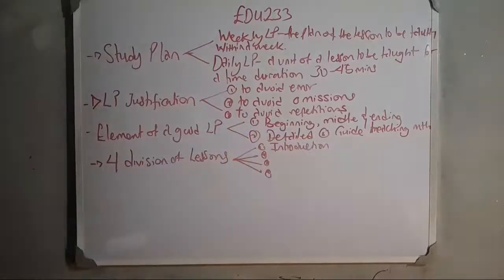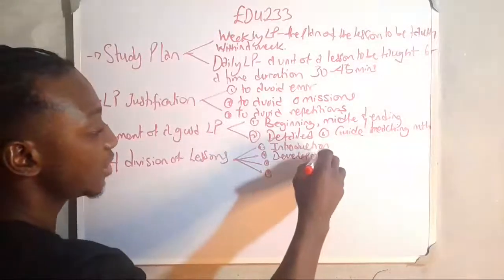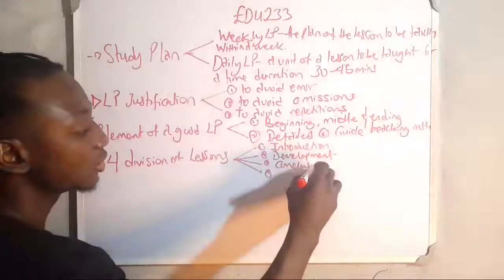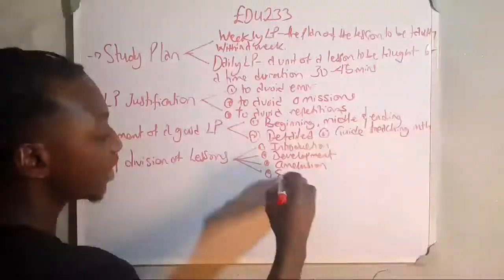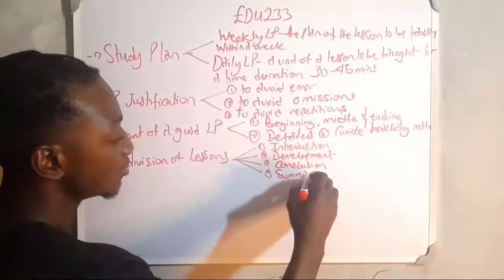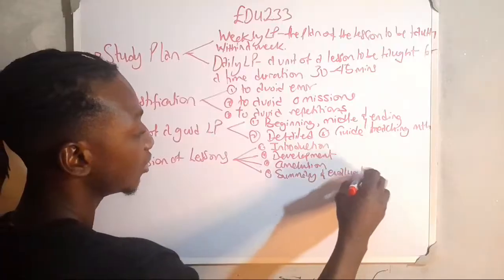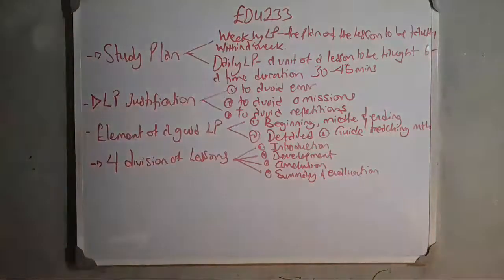The second part is the development. The third part is the conclusion. And the fourth part is summary and evaluation. Okay. Now let's quickly dissect this.